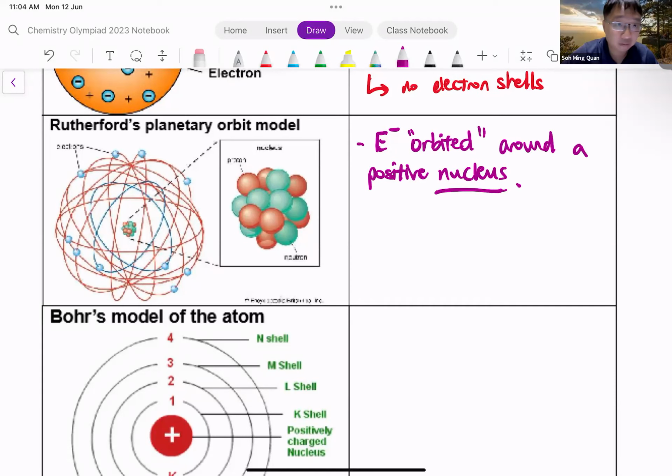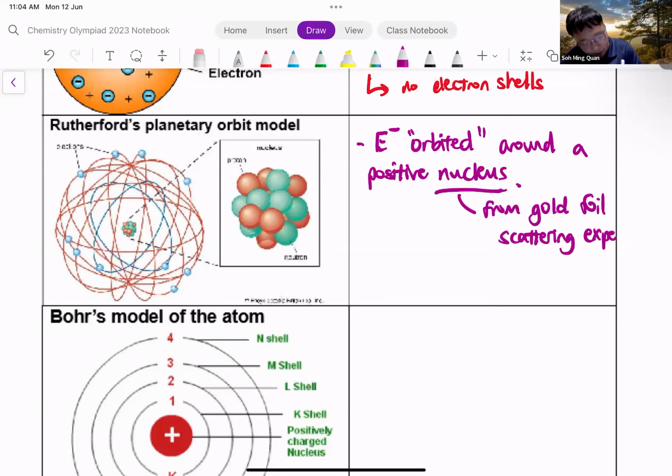Yeah, he does, because there were experiments that were performed that allowed scientists to conclude that there was a dense positive nucleus at the center of the atom. And this is called the gold foil scattering experiment. If you have time, please try to read up on this. It's the gold foil scattering experiment.